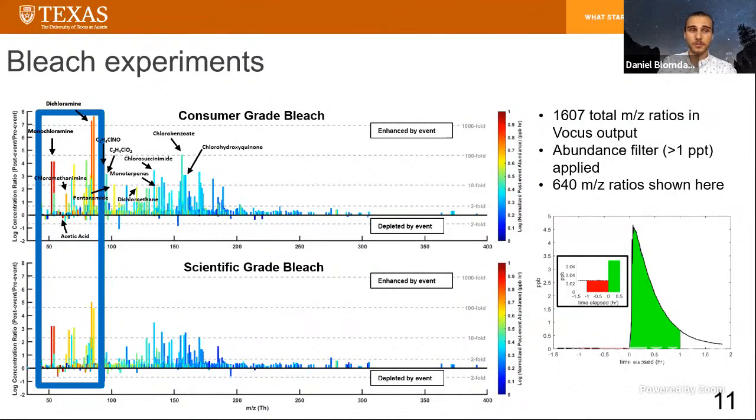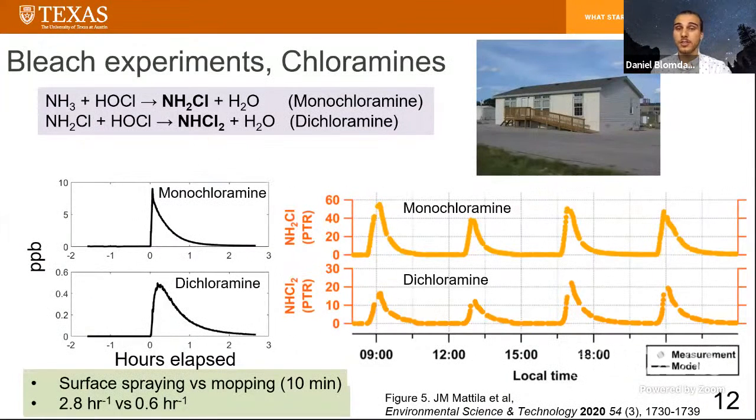Looking at a few examples, the chloramines that we talked about earlier, and comparing to the home chem experiments, these chloramines result from hypochlorous acid and ammonia. You can see here that in the home chem experiments, they reached 60 parts per billion. We only reached a little bit below 10.